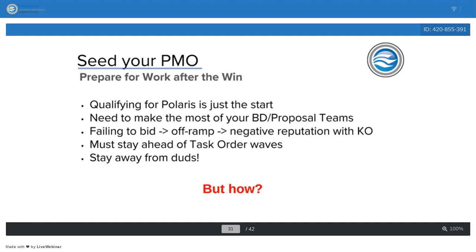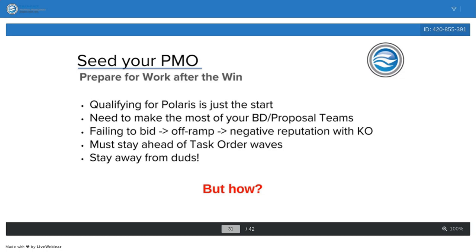The reason this is important is, if you fail to bid, you may fall off ramp, and that's basically getting a black eye in front of the contracting officer. On the other end, if you're not ready, your peers within your block, let's say the small disabled veterans group, will be responding as the solicitations begin to come out, while you're taking your time to establish your PMO and go after a few of these opportunities.